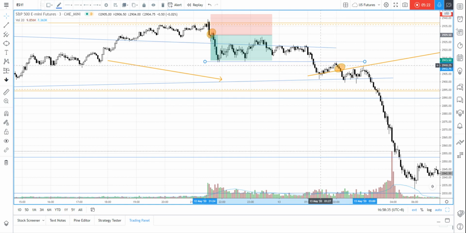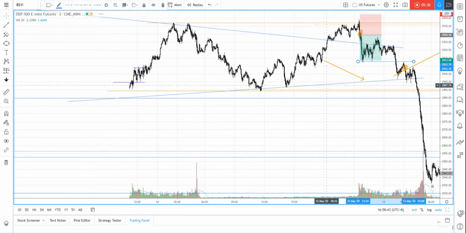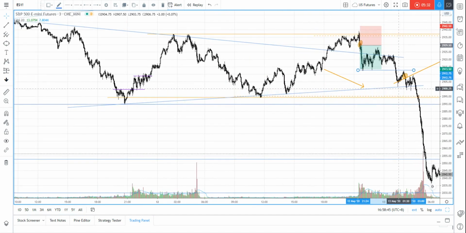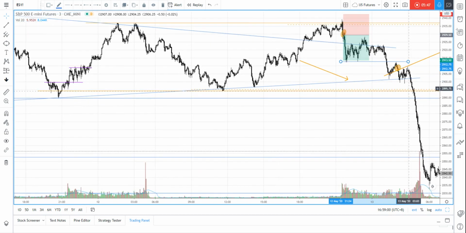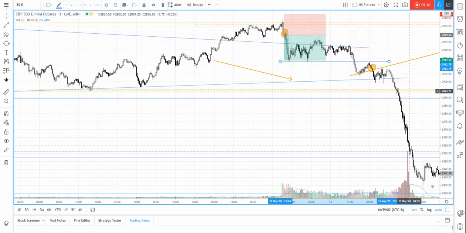If you still remember, I also talked about a potential long entry near the support level at 2900, because this is an apex and 2900 also proved to be quite a support level. You could consider going long at 2900 and trading the bounce up of the apex. Actually, this is not the case.